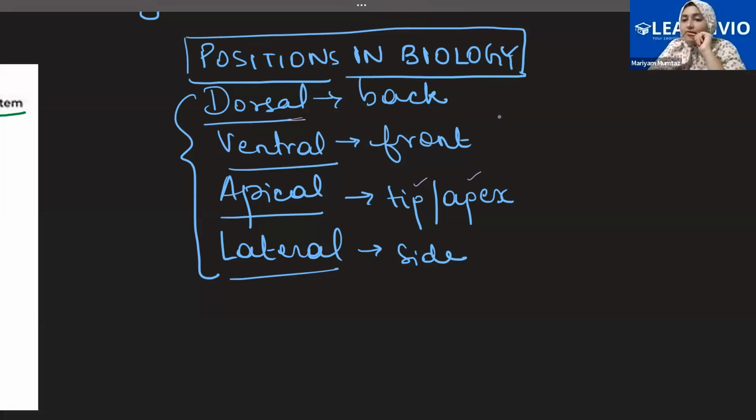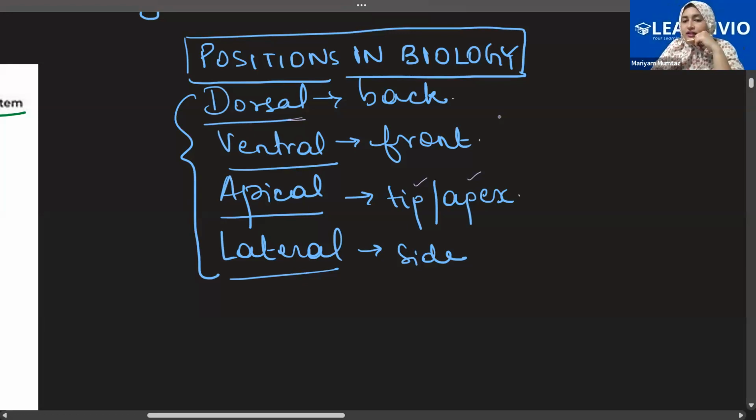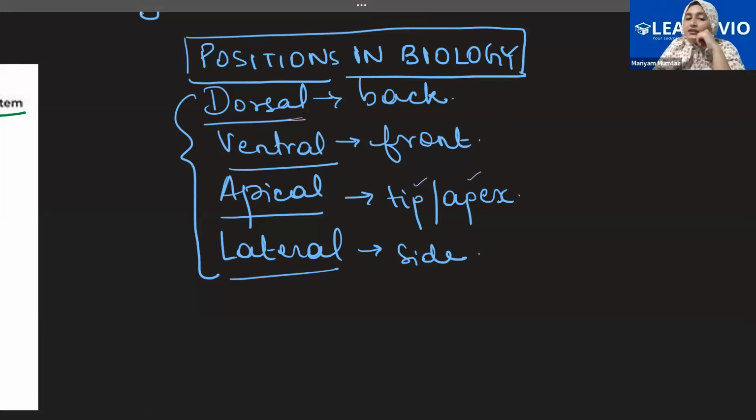Apical means the tip of anything. Lateral means the sides of anything. So back, front, tip, and side are the common layman terms, but dorsal, ventral, apical, and lateral are the scientific terms to denote the position. Clear?